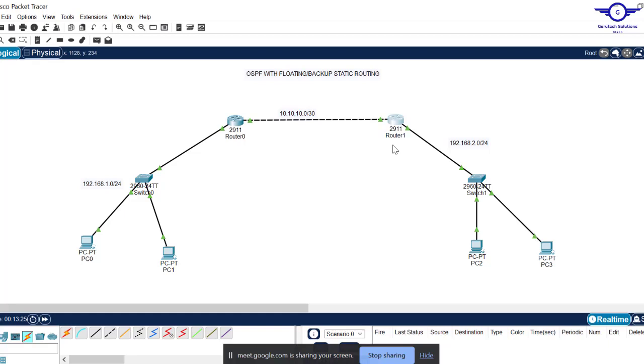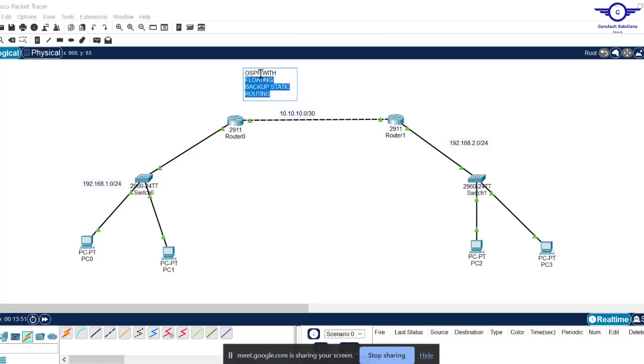Okay, no problem. So I was saying that in this video we're going to configure OSPF. Remember, in the previous videos we configured RIP and EIGRP. So in this video it's OSPF. We're going to use OSPF as the routing protocol to advertise networks on this side and on this side also. And we have added something here, backup static routing.